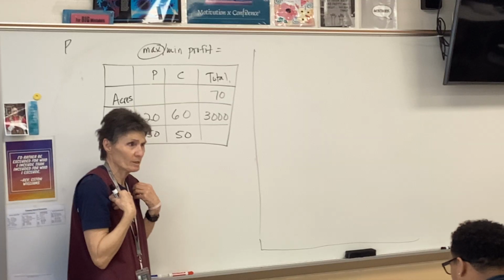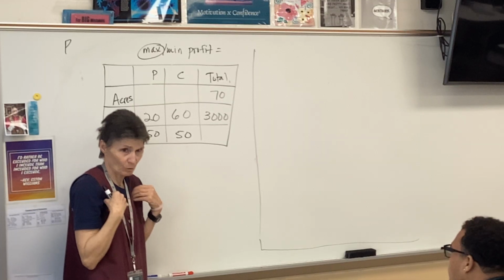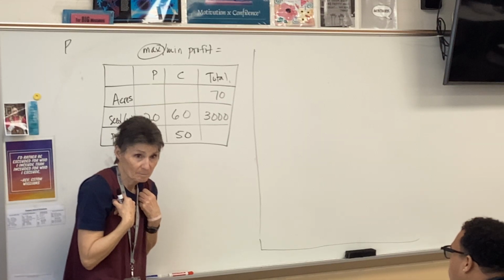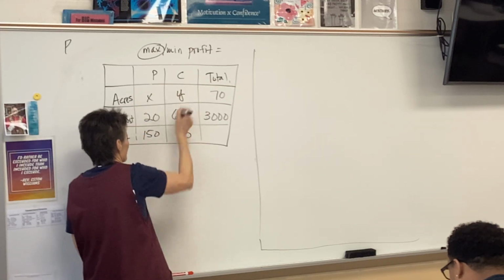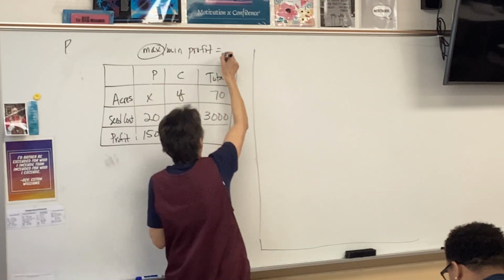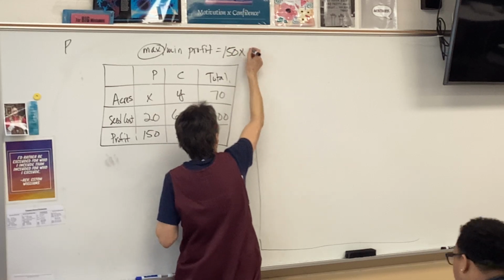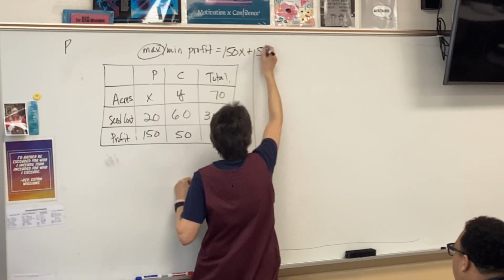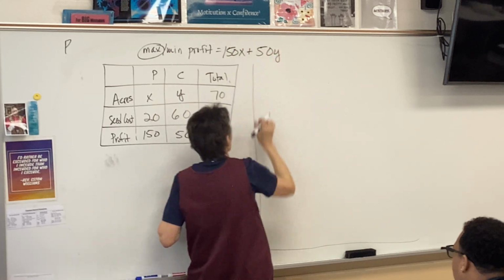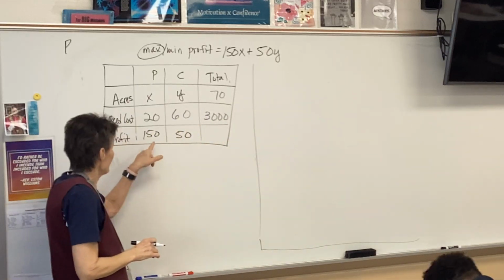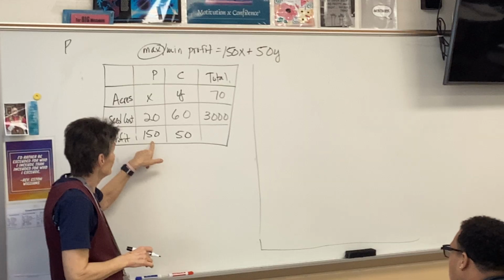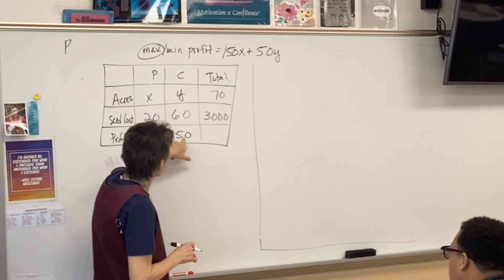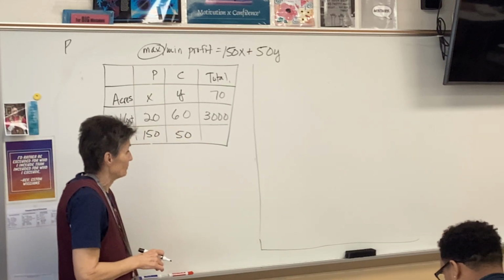Isn't that the question? So what do you think I'm going to do? Call X potatoes and Y corn? And then my profit will be 150x plus 50y. Every acre is 150 of potatoes. Every acre is 50 corn.